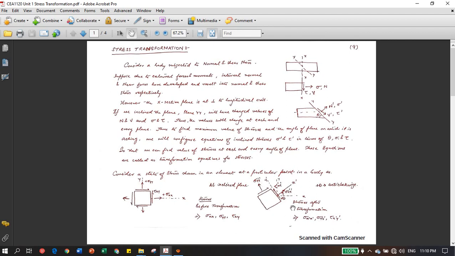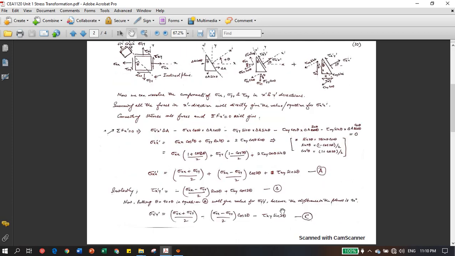Now we will generate equations in terms of theta. So let's see over here. Suppose the normal state of stress is this, and we want to calculate the plane inclined at this angle. This is the same angle theta over here.